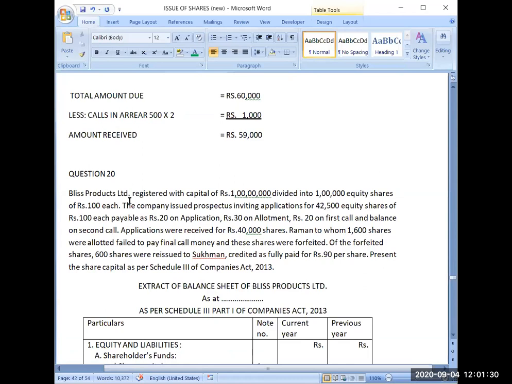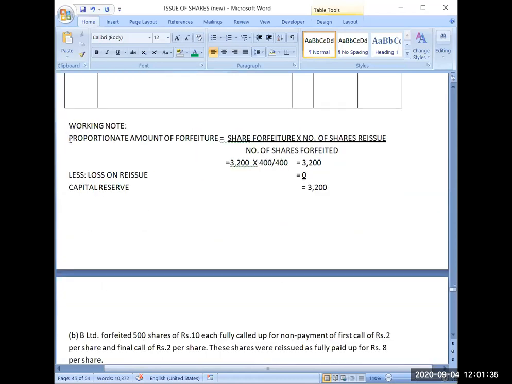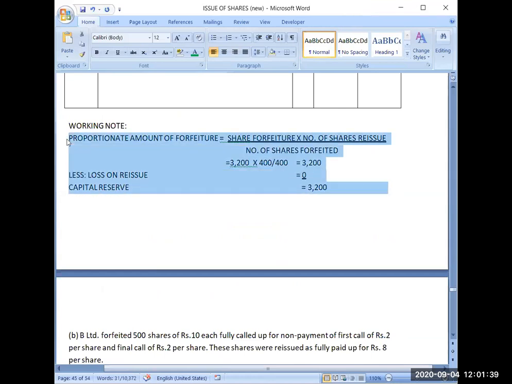This will be the journal entry. Now again I will be calculating the capital reserve. For that purpose I will prepare a working note, number 3.